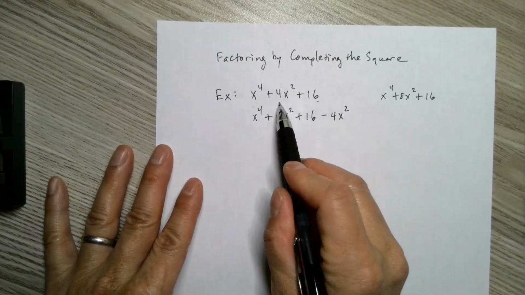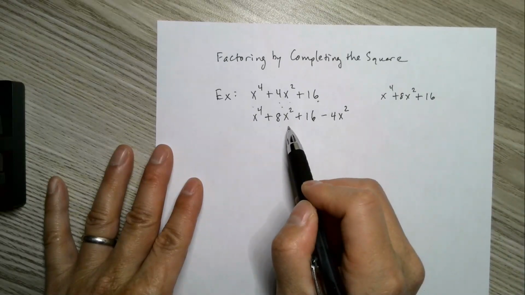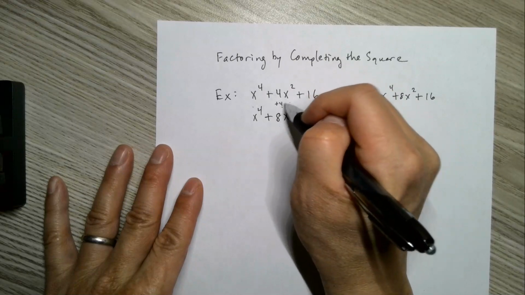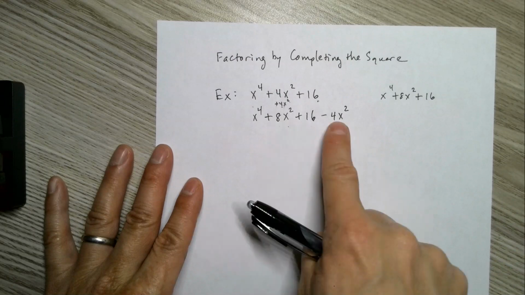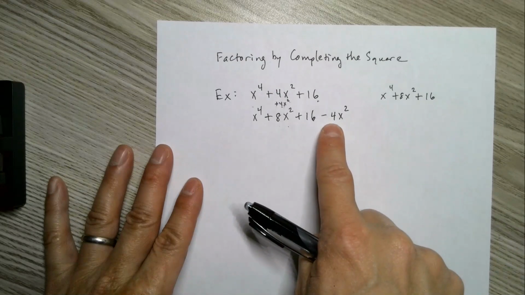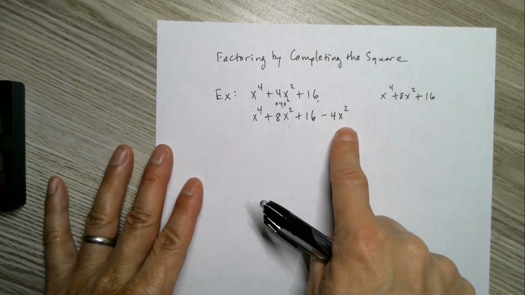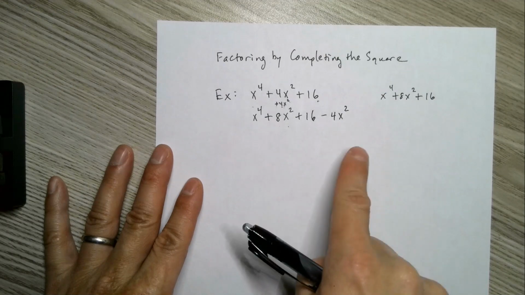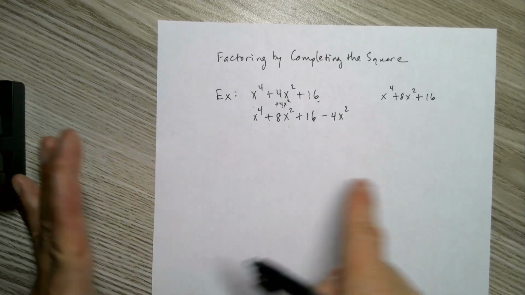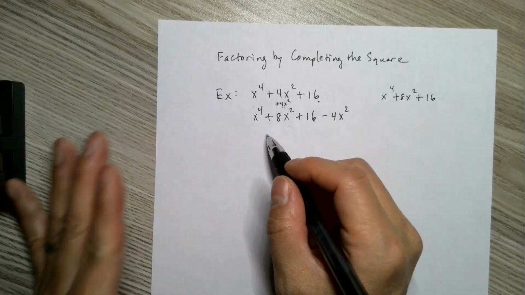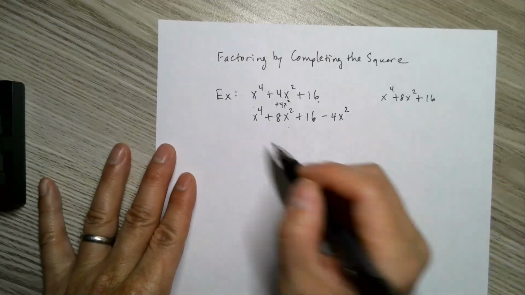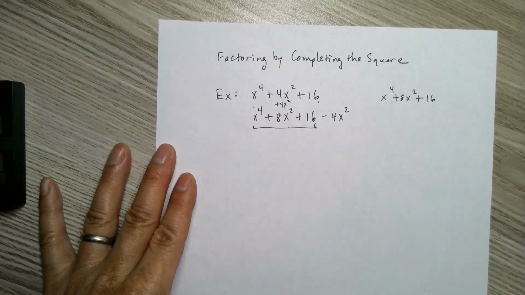I needed that 4x squared to be 8x squared, so I added 4x squared to it and subtracted 4x squared from the polynomial to make it legal, because all I really did was add 0. But by doing so, I accomplished the completing the square right there.